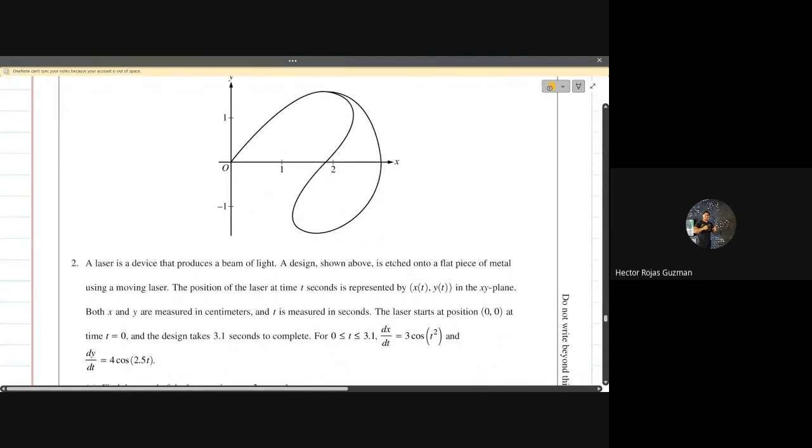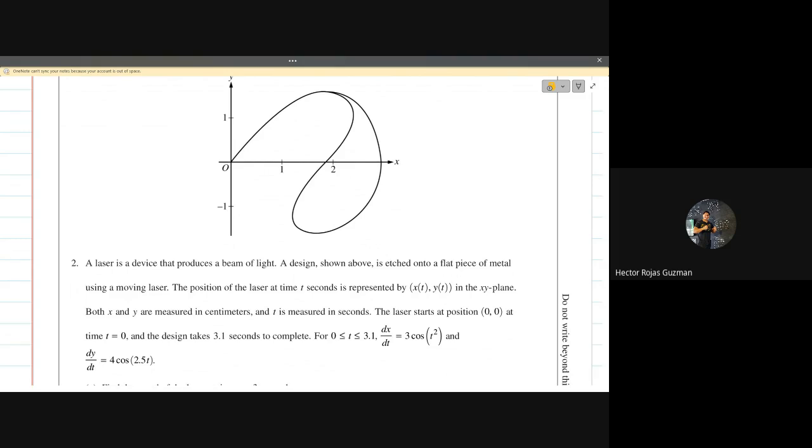All right, number 2. In question number 2, we have a laser that produces a beam of light. The position of the laser is going to be represented by a vector function. Both x and y are going to be measured in centimeters. The time t is going to be measured in seconds.